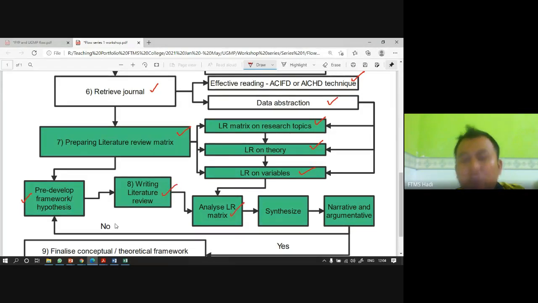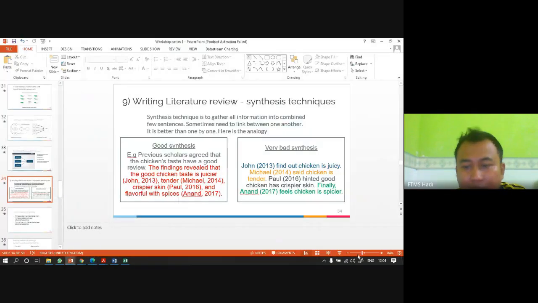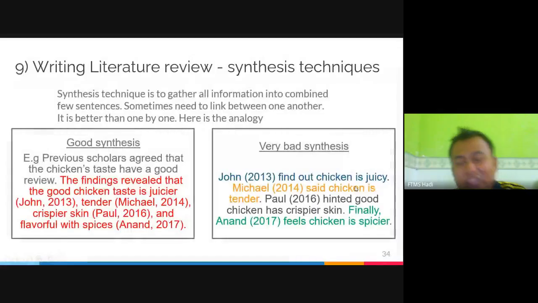Now we are going for synthesize. A good literature review and a bad one depend on the way that you synthesize the sentences. Synthesis technique is to gather all information into a few combined sentences. Sometimes you need to link between one another, which is better than one by one.